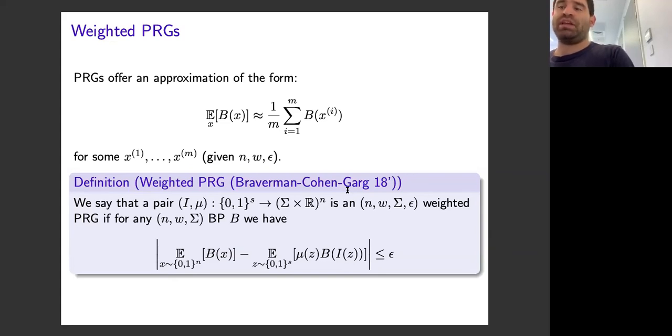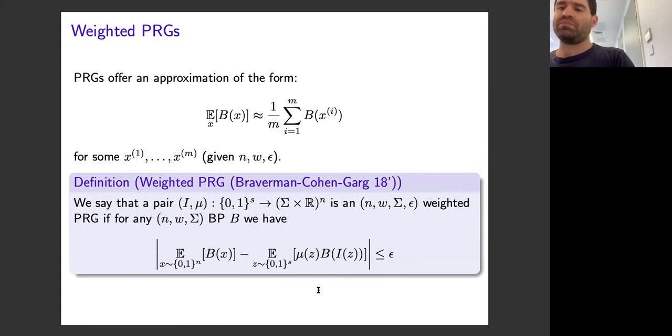So formally, a PRG, given a seed, outputs a sequence of symbols, but now a weighted PRG will also assign a weight for every sequence of symbols that it outputs. And this weight can be arbitrary, it can be negative, it can be very large, it can be very small, it can be anything.